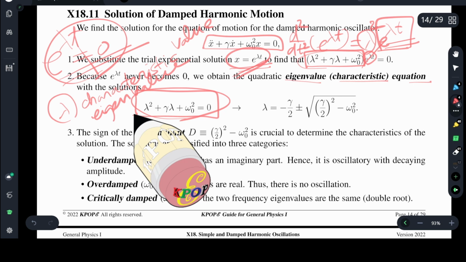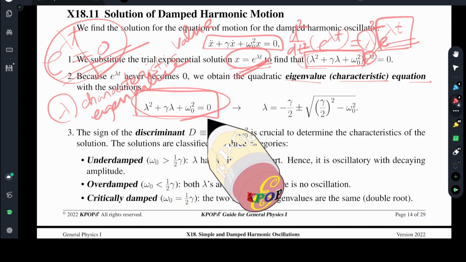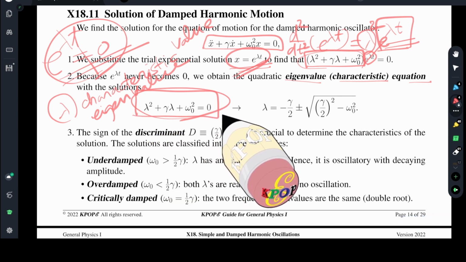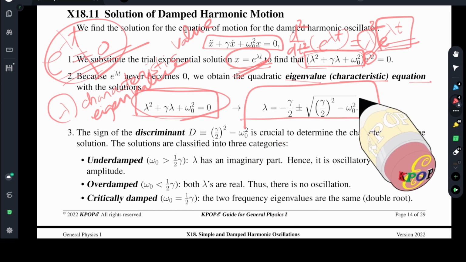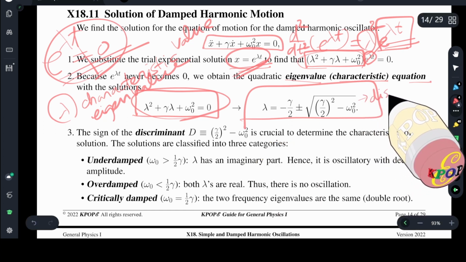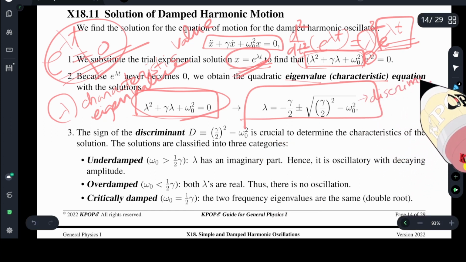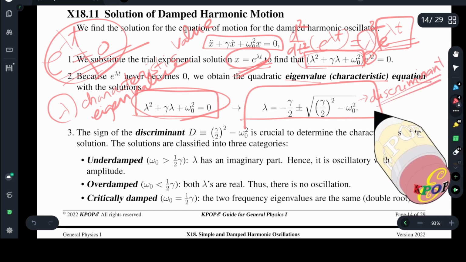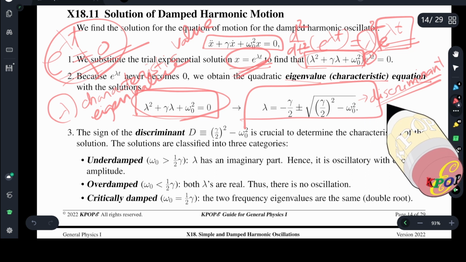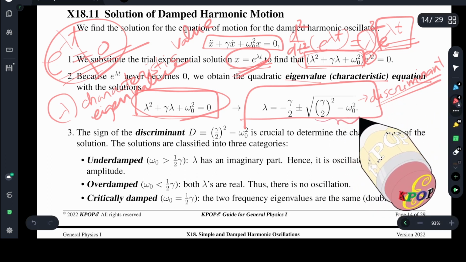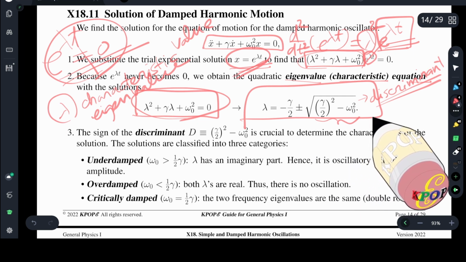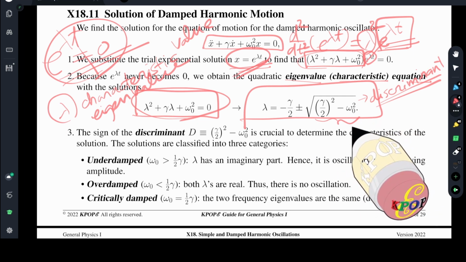A quadratic equation is always solvable, and a middle school student can solve this. The answer is this. We have a discriminant, which is not a determinant. We discriminate whether the argument of the square root is positive, negative, or zero.